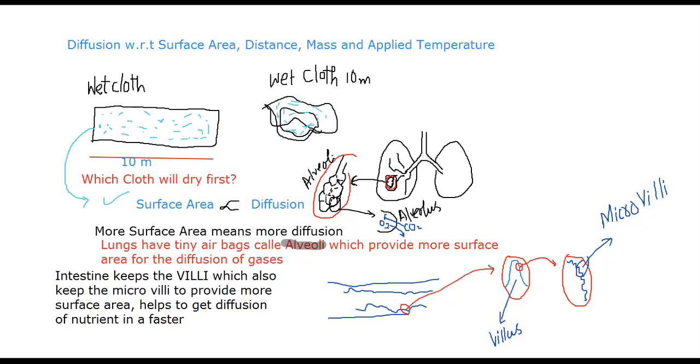Now again I'm going to share another example. Let's suppose you have the same 10-meter cloth like this one, and this is also a wet cloth, and the length of this wet cloth is also 10 meters.